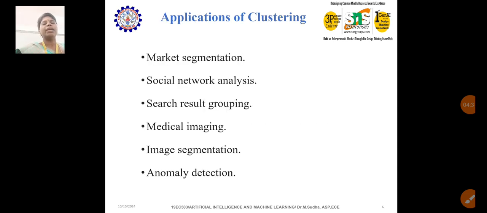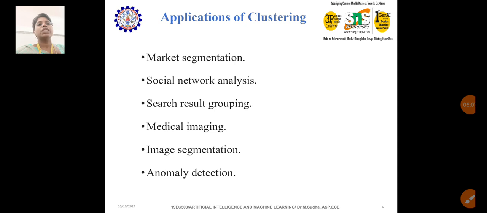Here are the applications of clustering in day-to-day real-time examples: market segmentation, social network analysis, search result grouping, medical imaging, image segmentation, anomaly detection. I have listed a few examples, but there are many others wherever we need hierarchical clustering.